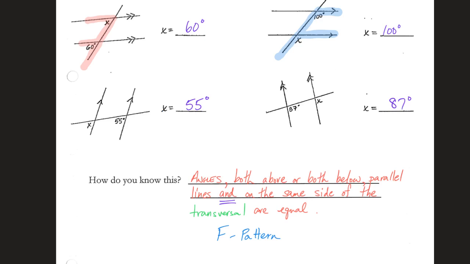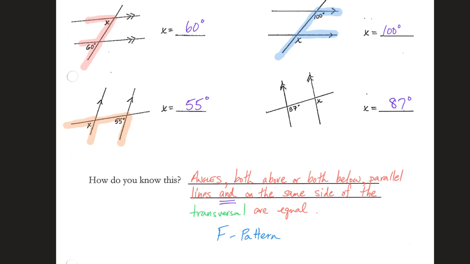If I highlight parallel, parallel, notice that my X and my 55 are both on the same side of the parallel line. They're both on the left of it. And now, if I highlight the transversal, you can see that both those angles are below it. So both of those angles are to the left of the parallel line and both are below the transversal.